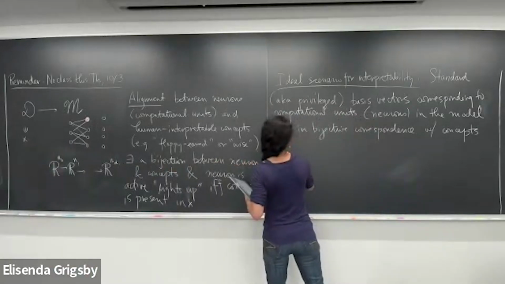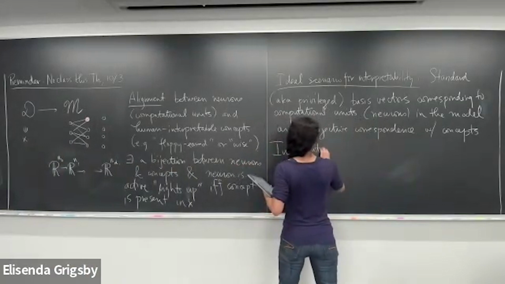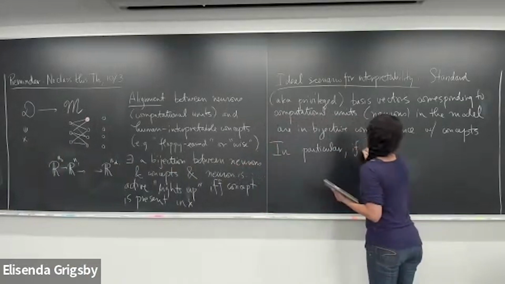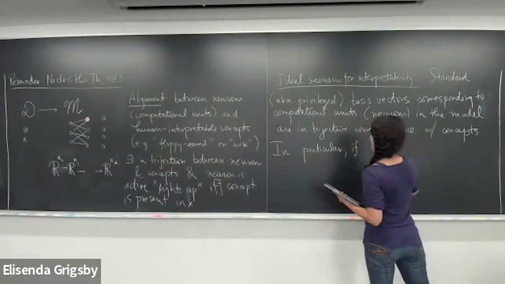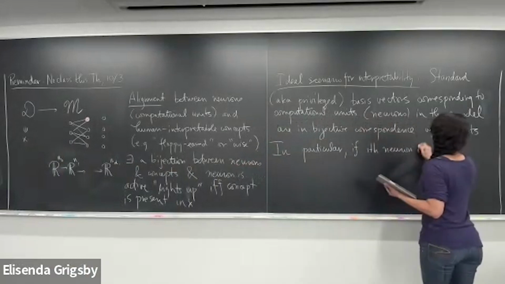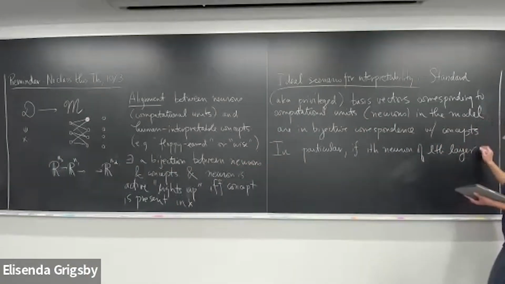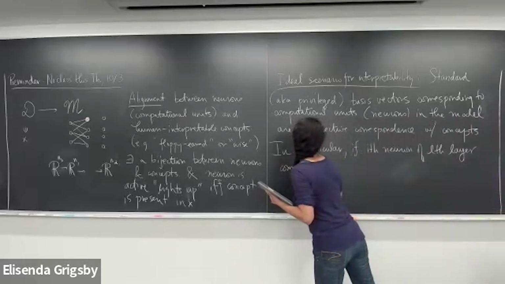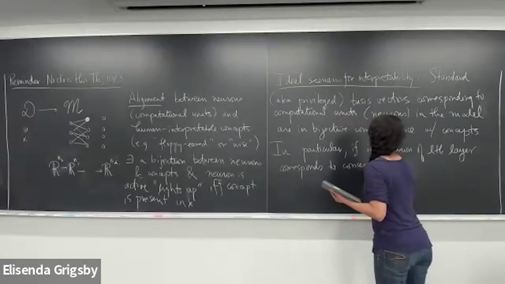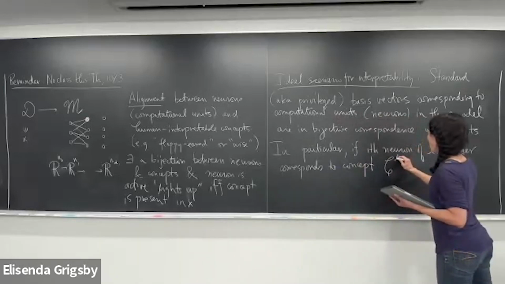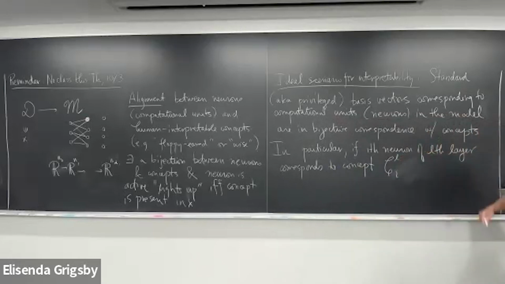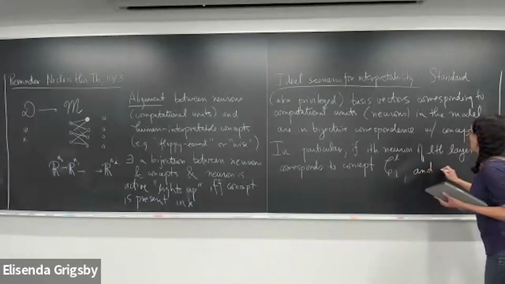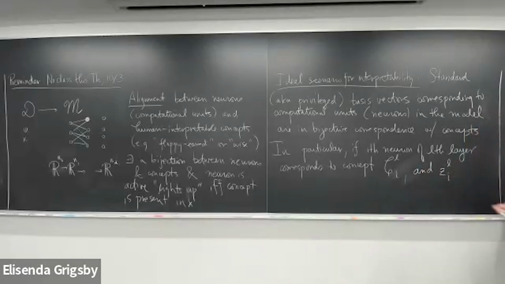What I mean is that if the ith neuron of the Lth layer corresponds to concept, let's give it a name, C_Li, and I'm going to use my notation from before, Z_Li is the pre-activation output of that neuron.